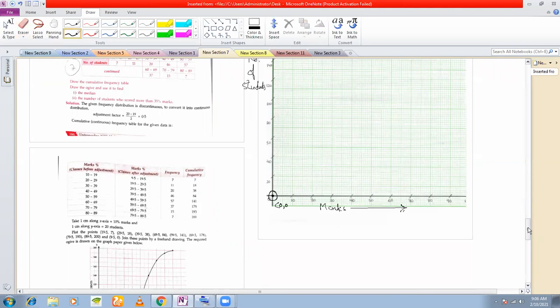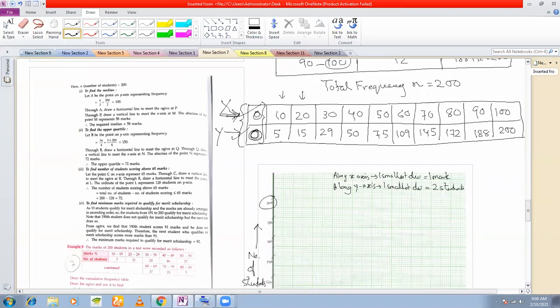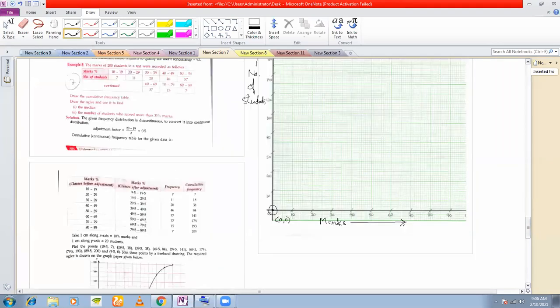The next coordinate you see is 10, 5. This is your 10, and along the y-axis each division is 2. So one division you move 2 students, next division you move 2 students, and this should be somewhere around here. That is the halfway mark between your second and third division, which is 5 students. So this is your coordinate 10, 5.